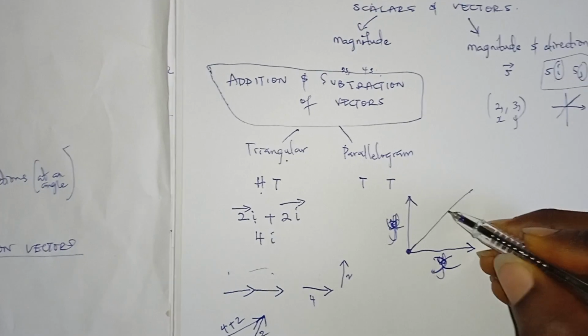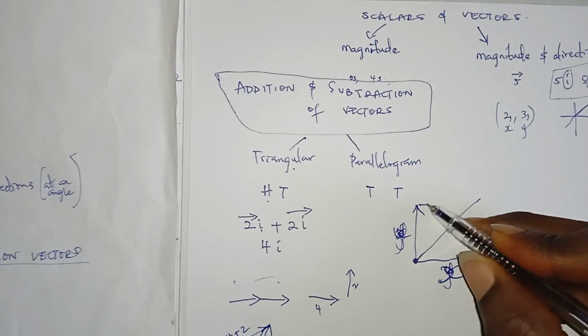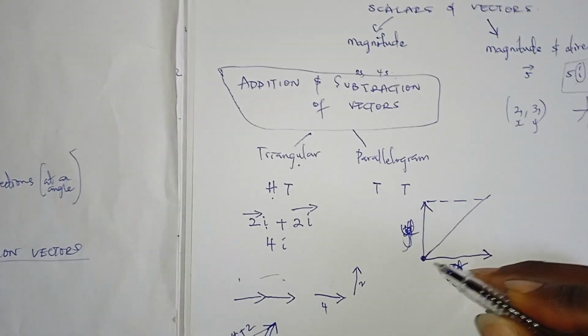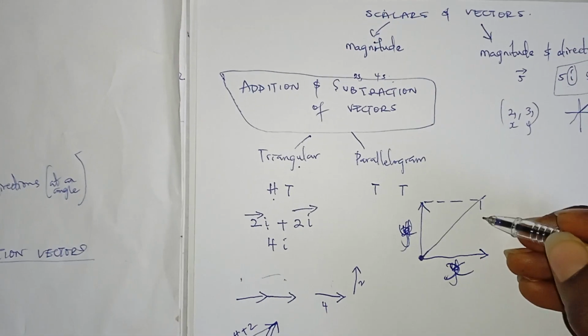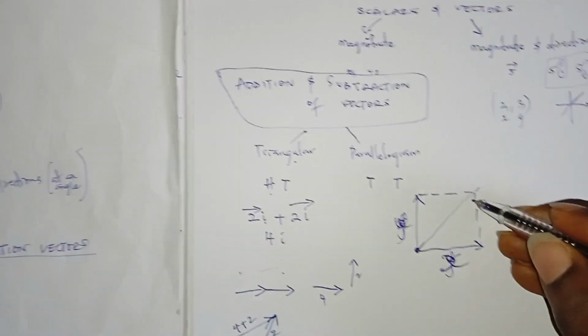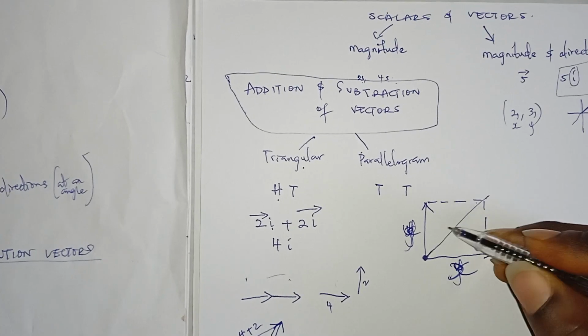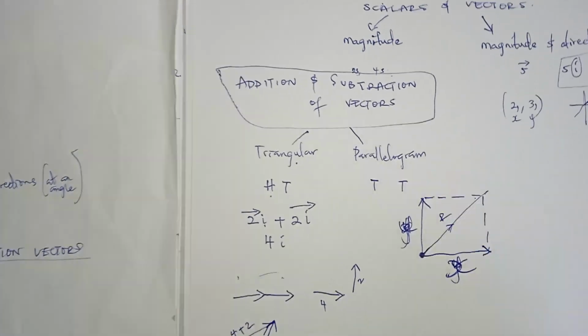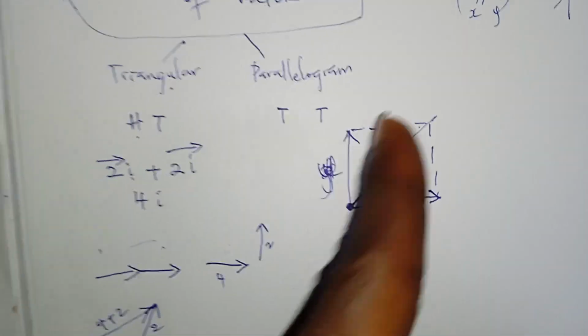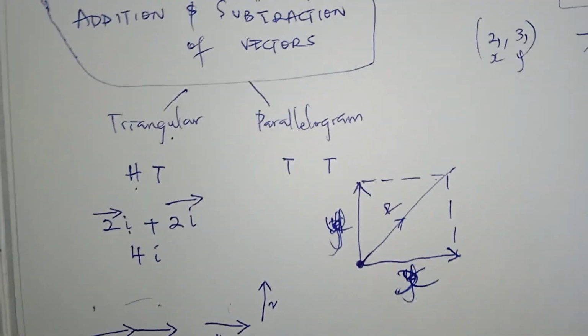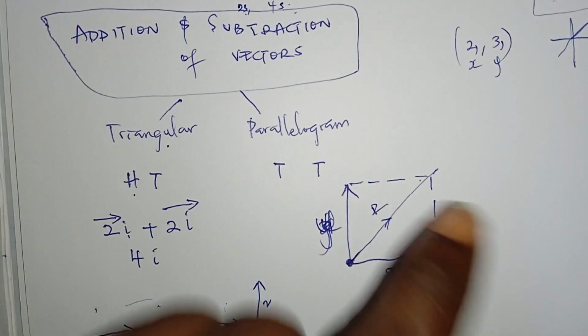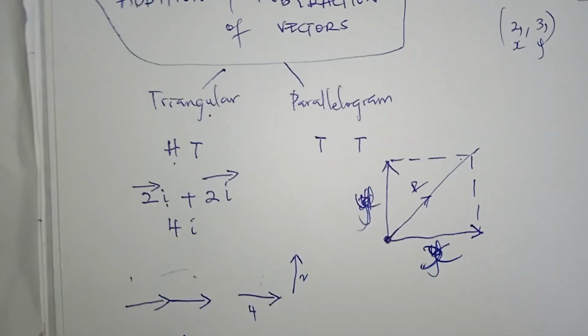So that by the time I trace a parallel line equal to X and another parallel line equal to Y, and they come and meet, the diagonal I have here is my resultant.